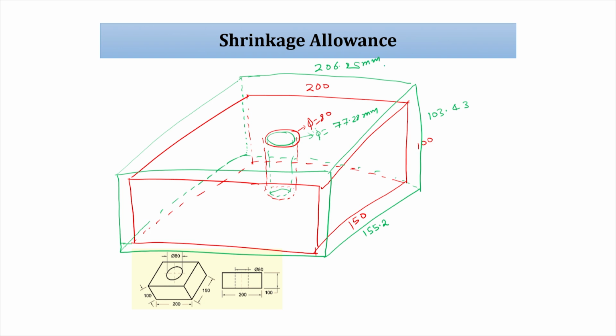All are in mm. Something like this, the dimensions will observe the double shrinkage when we make an aluminum pattern for the casting of plain carbon steel.